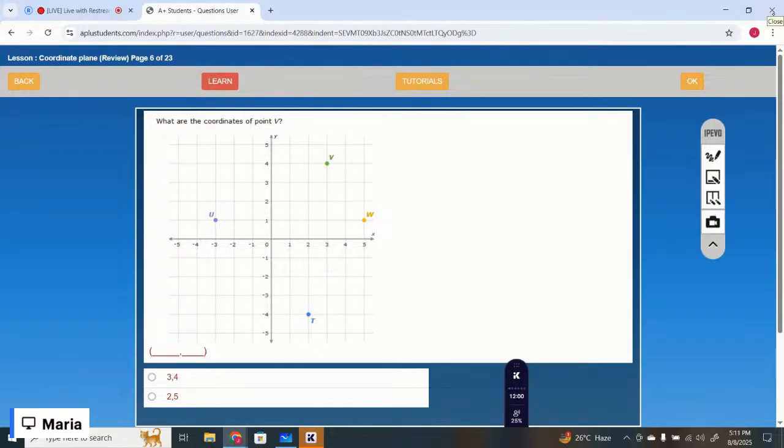So here is the point. The point V has coordinates X is 3, Y is 4. Option number 1 is the correct option. 3 and 4 it is.